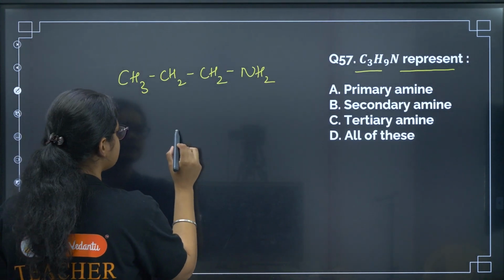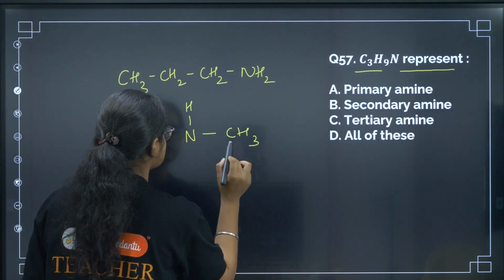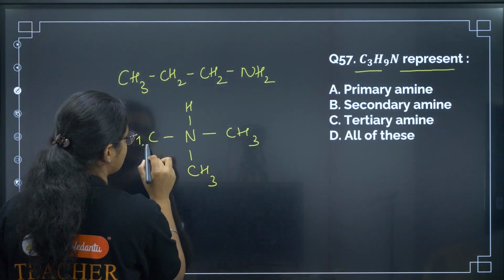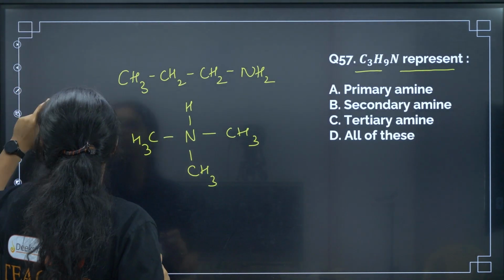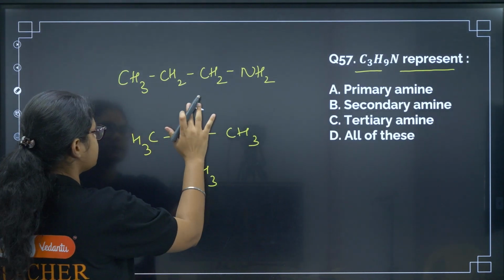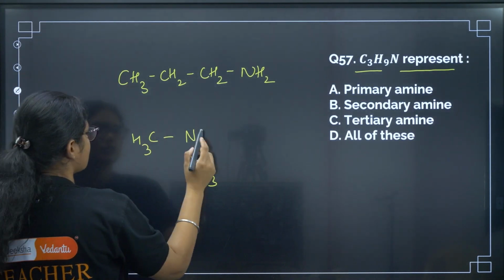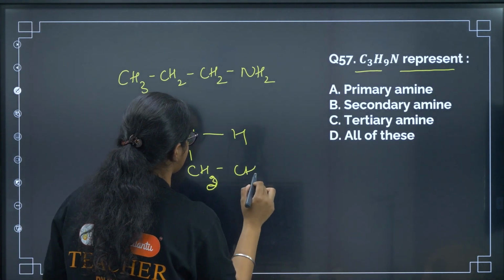Now let us try if any secondary amine is possible. So we can have CH3, then NH, and one more carbon is there, so CH2CH3 we can use, right?